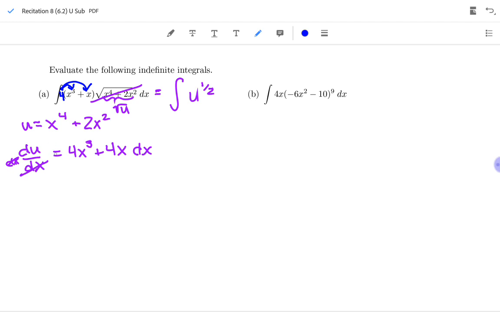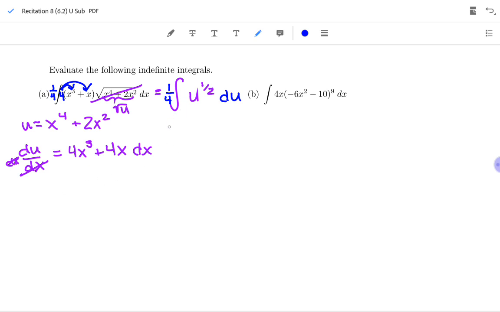I would have my perfect du, but I can't just put a 4 in and make it 4 times as big as it should be. I need to balance it out by doing a 1/4 on the outside. Because 1/4 of 4 is just 1. We did a fancy thing, but we multiplied by 1, so it didn't change the value of anything. So once I have the 1/4 outside, I have my perfect du inside. I have a 4x cubed plus 4x dx. I have my du.